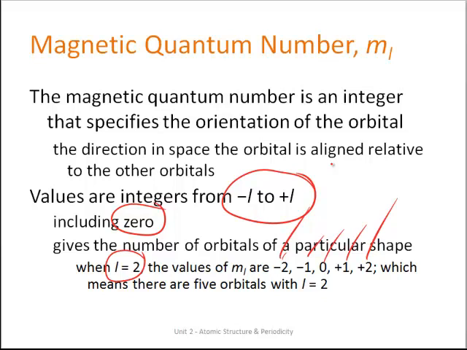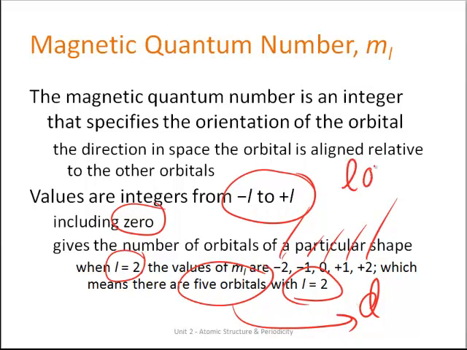Now one of the bigger aspects that we're going to utilize from m sub L values is the number of orbitals. So it turns out that L equals 2, which again was our D orbital, has 5 orbitals in the D sublevel. For L equals 0, which is our S sublevel, we can only have one orbital, so S has one orbital.